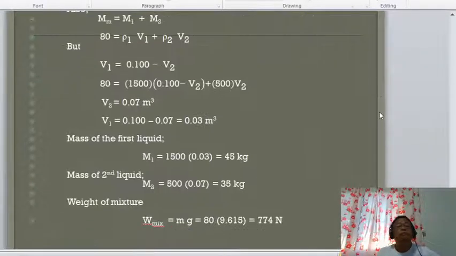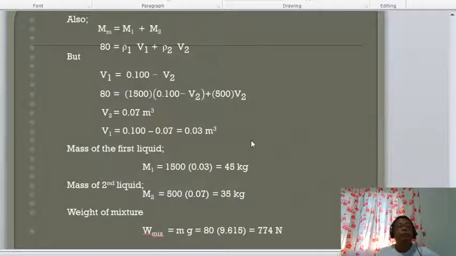Continuing, the mass is equal to mass 1 plus mass 2, so the total mass is 80. Knowing that density is mass over volume, the mass equals density 1 times volume 1 plus density 2 times volume 2. We arrived at a volume of 0.3 cubic meter.